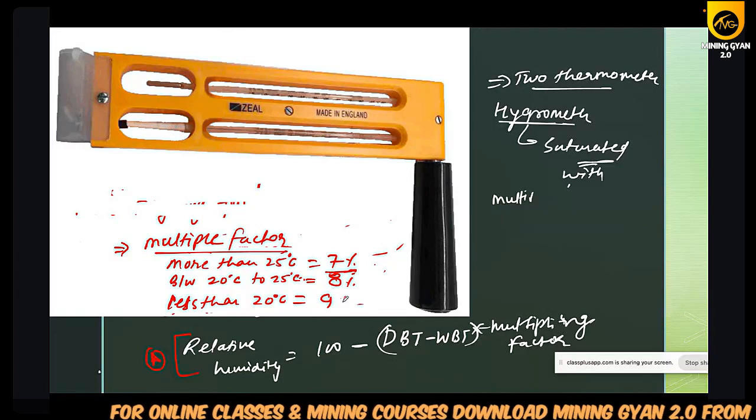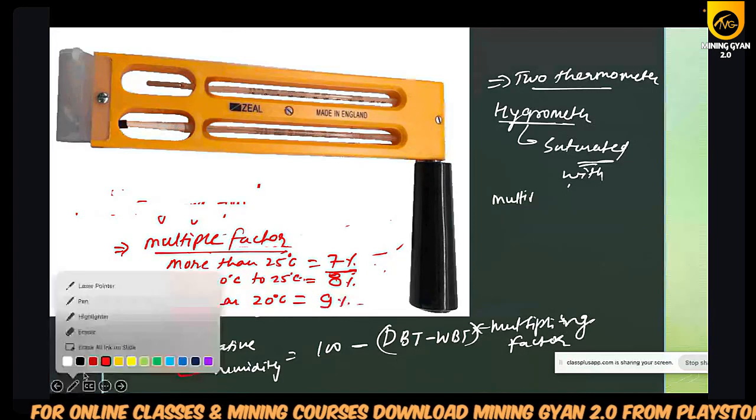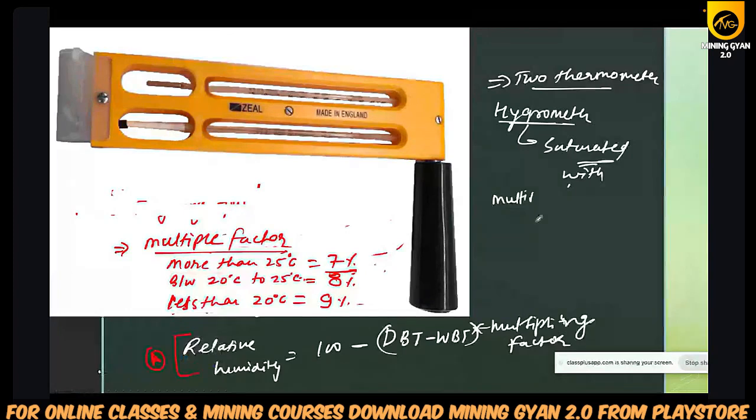Suppose the DBT is 23 degrees Celsius and the wet bulb temperature is 19 degrees Celsius. DBT means dry bulb temperature and WBT means wet bulb temperature.